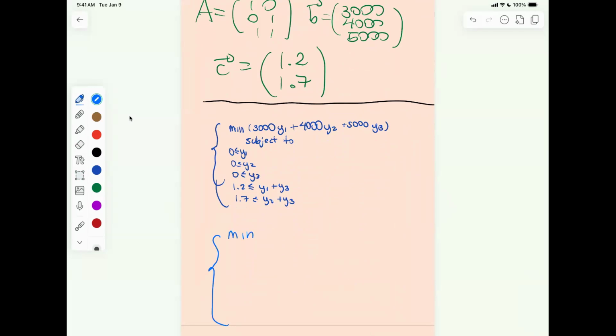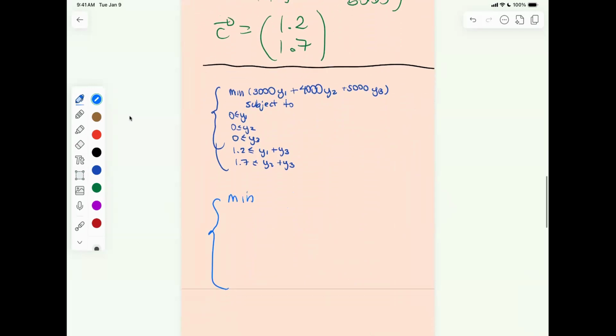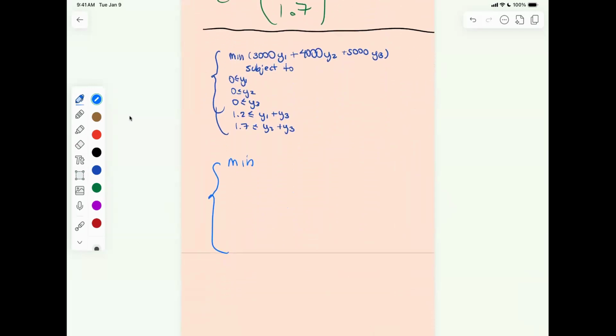So if you want to write this in matrix format, again, I hate that this goes so low, the first thing you should do is rewrite this as a dot product. So write it as minimum of 3,000, 4,000, 5,000 dot y1, y2, y3.